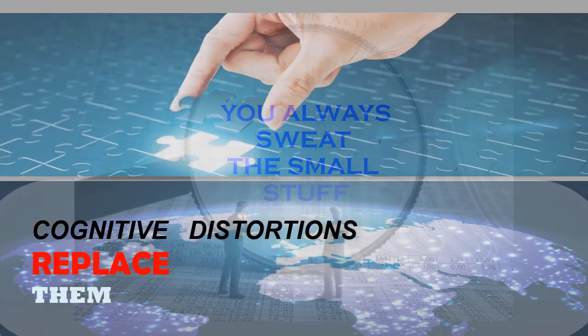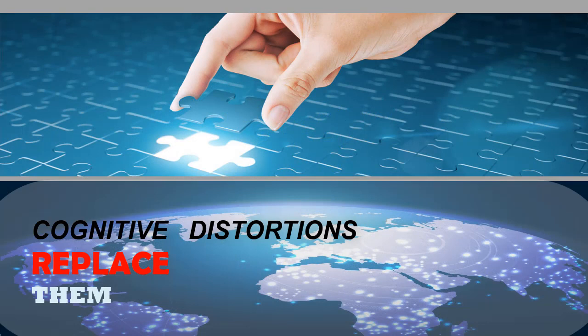As we did with our A, B, C, and D exercise, the way to deal with our cognitive distortions is to simply replace them. Replace them with more realistic, rational coping thoughts.